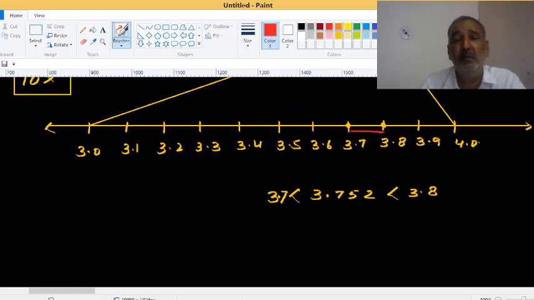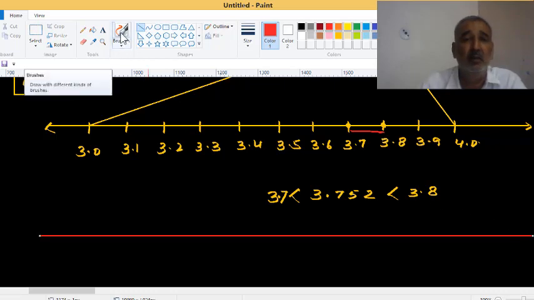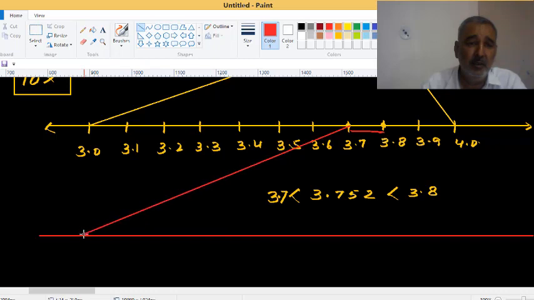Again you have to magnify this number line into 10 times. I'm taking a different color. So I will stress this 3.7 somewhere here. You have to expand it in the same sense. I am taking 10 time magnification, keeping in mind the points here.